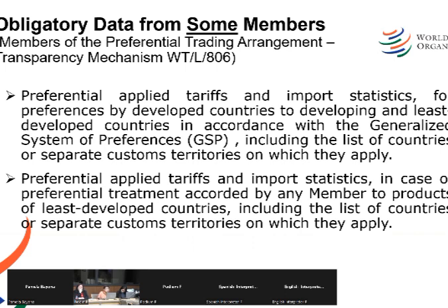Now, for those members who are part of the WTO preferential trading arrangement, or the PTA transparency mechanism, there are some obligatory data. And the obligatory data are these: the preferential applied tariffs and import statistics for preferences by developed countries to developing and least developed countries in accordance with the GSP, including the list of countries or customs territories on which they apply.